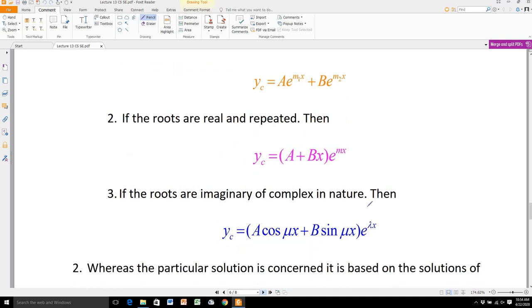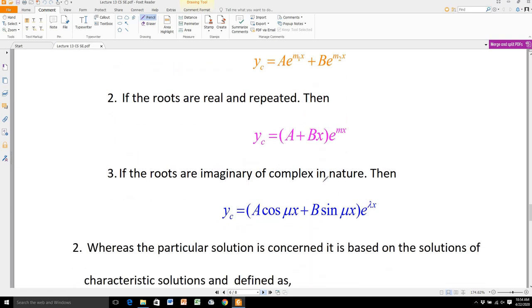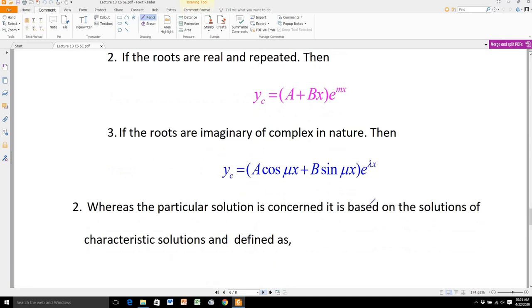The third one is if the roots are imaginary or complex in nature, then you get a solution in which YC is equal to (A cos mu x plus minus B sin mu x) times e raised to the power lambda x. Here mu represents the imaginary part, while lambda represents the real part of the complex number.